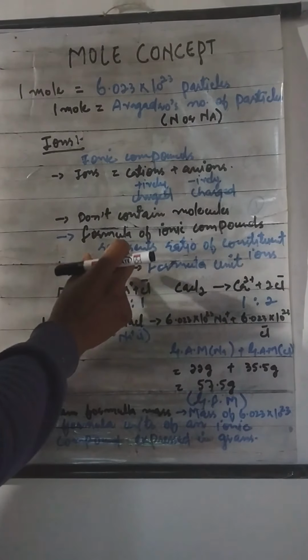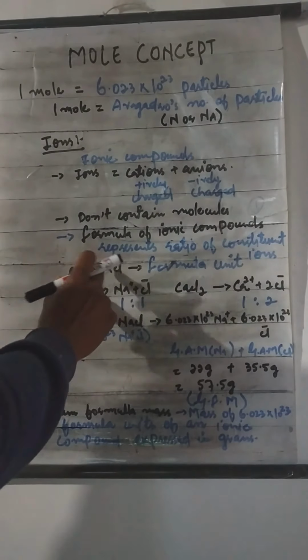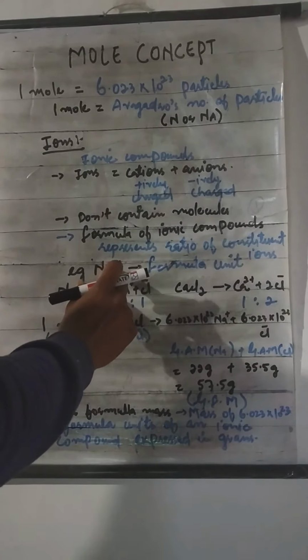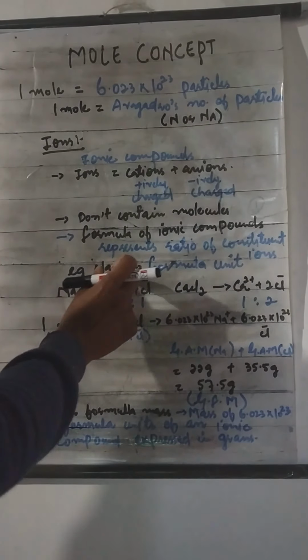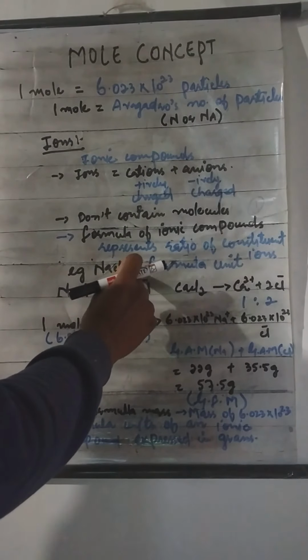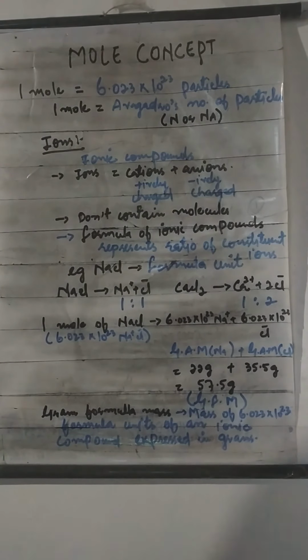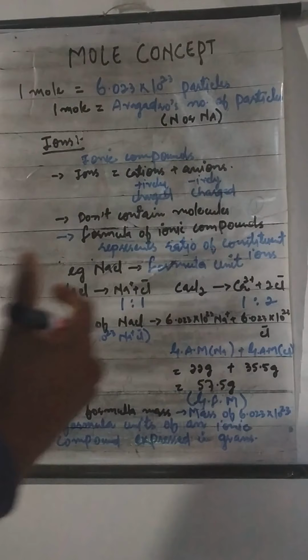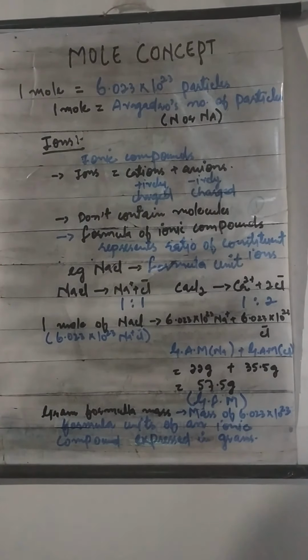For example, I have taken the example of NaCl here. NaCl is the formula of our common salt, and NaCl here is called a formula unit. It's a formula unit of a compound which is known as common salt.